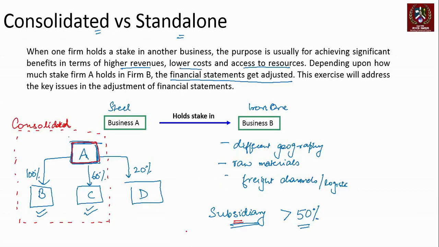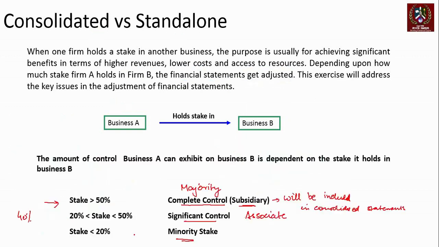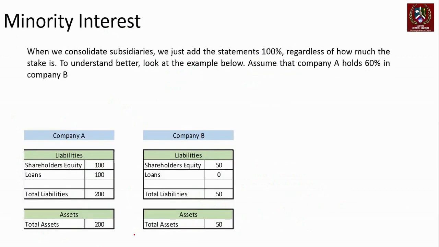Broadly, when you are adding the financial statements of consolidation, you just add line by line, which means if there are two companies and one is a subsidiary of another one, subsidiary could be anything greater than 50% stake, regardless of the stake, you add 100% first of all, right? Regardless of what the stake is there, you just add 100% straight away, right?